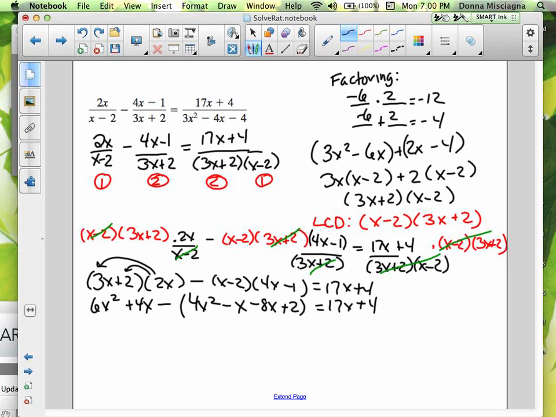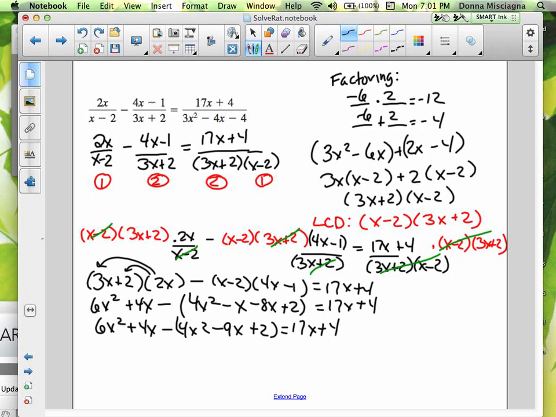All right, so now we're going to distribute the negative to everybody, so everybody's sign is going to change. Actually, what I should do before that is add those two like terms together, and then we'll distribute the negative sign. I wonder if we're going to have enough space on this page. So 6x squared plus 4x minus 4x squared minus 9x plus 2 equals 17x plus 4.